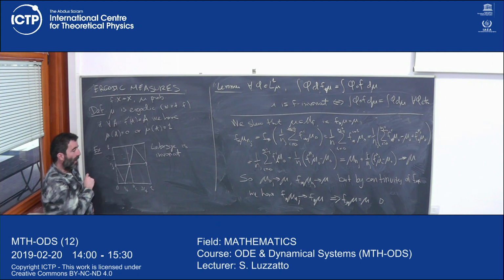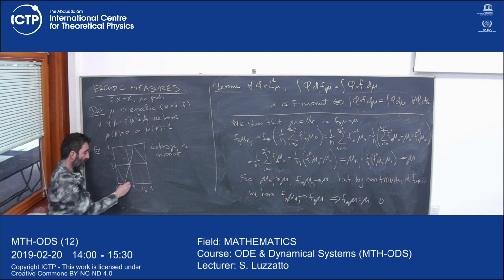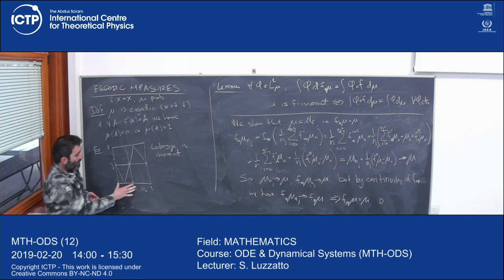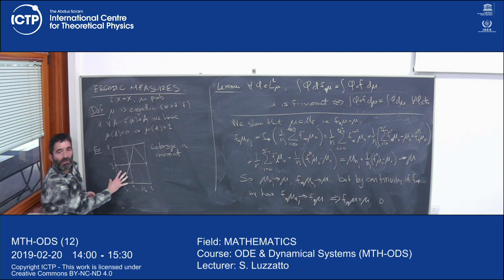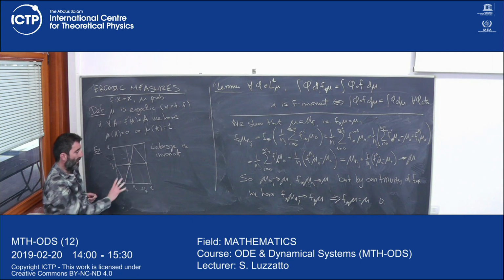And what this means really in practical terms is that if you start inside 0, 1/2, then you stay inside 0, 1/2, and all the pre-images of every point in here are in 0, 1/2. So really, this interval 0, 1/2 is its own dynamical system that is completely separate from the interval 1/2, 1.